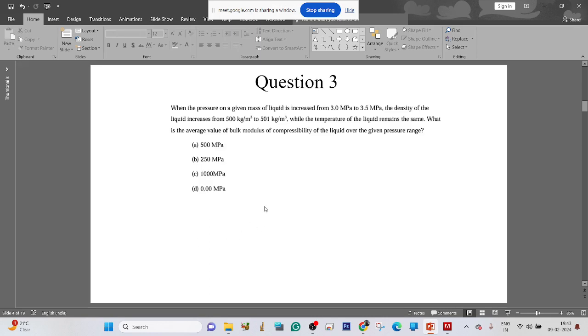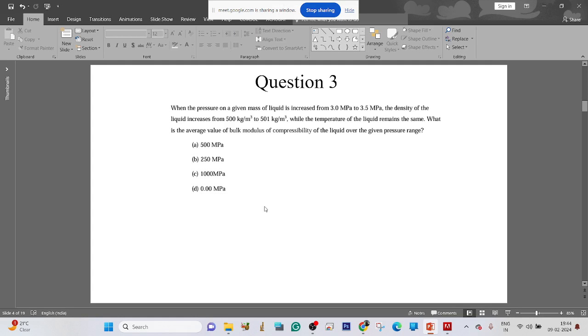When the pressure on a given mass of liquid is increased from 3 megapascal to 3.5 megapascal, the density of the liquid increases from 500 kg per meter cube to 501 kg per meter cube, while the temperature of the liquid remains same. What is the average value of the bulk modulus? Simply the bulk modulus formula will apply, nothing else.